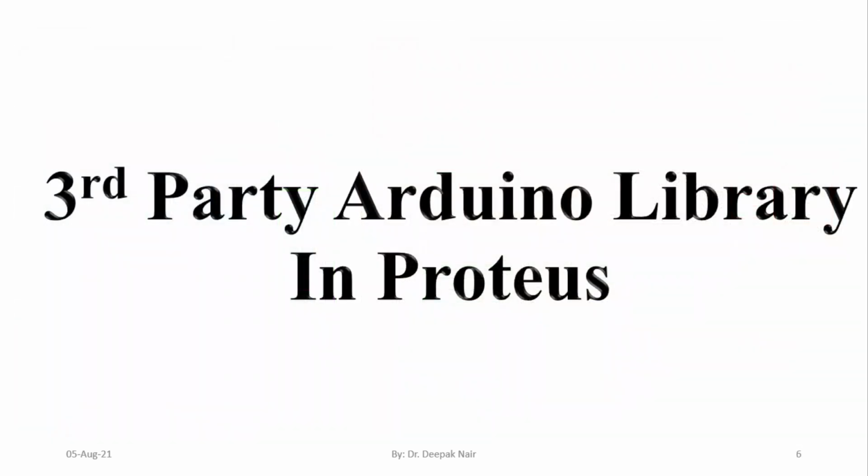There is another option by which you can get almost the same visual display of the Arduino hardware, and you can use the same board in the Proteus. For that you will have to use a third-party Arduino library.